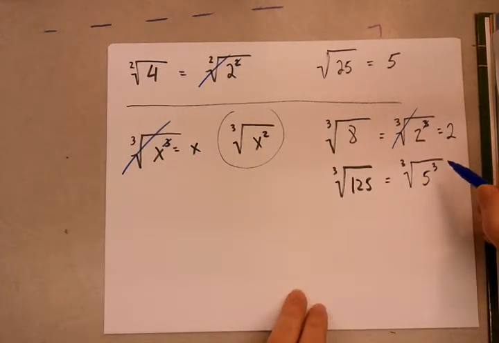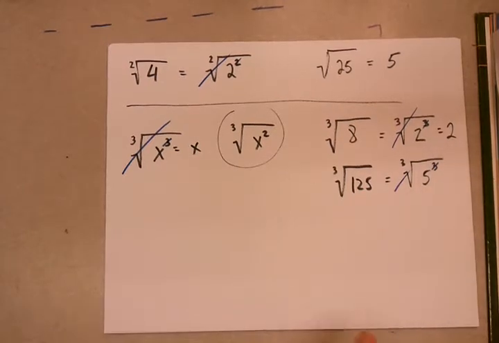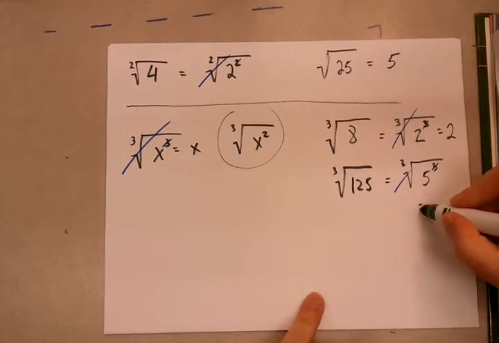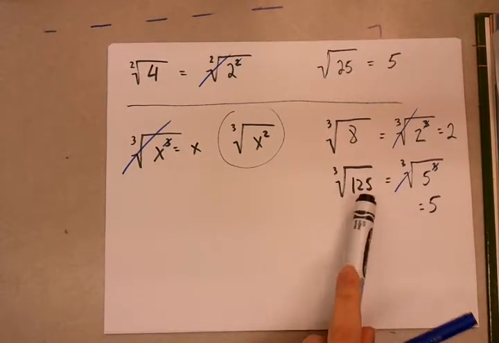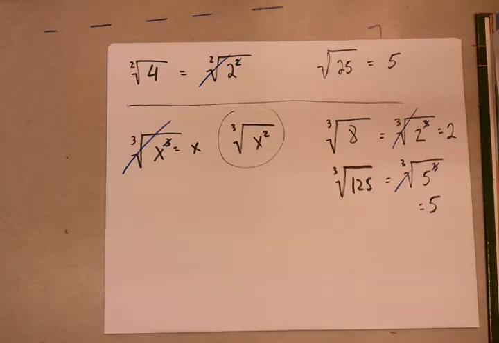And again, you can cancel out the power of 3 and the cube root to get a 5 as your answer. And you are going to be responsible to at least know the perfect cubes up to 125. That's a bare minimum. Anything past that, I probably won't ask you on the quiz, but 125 is fair game.